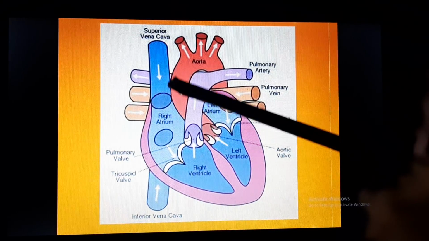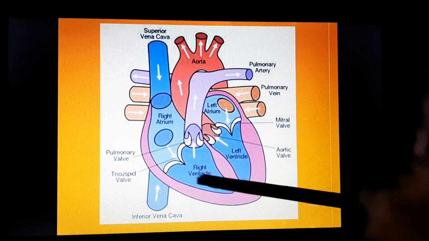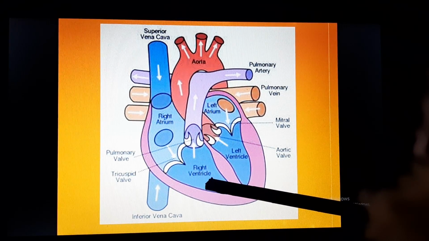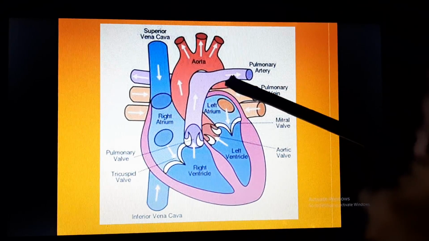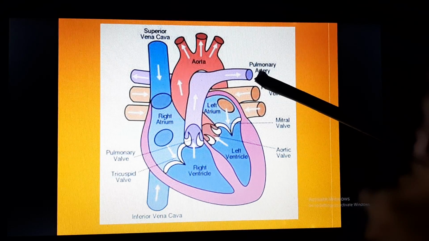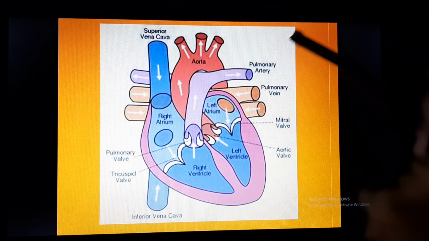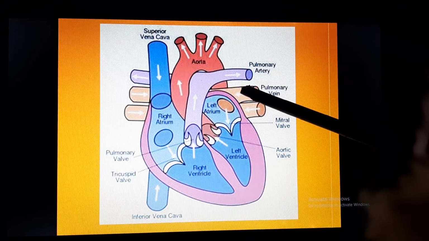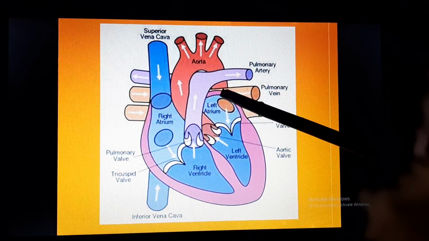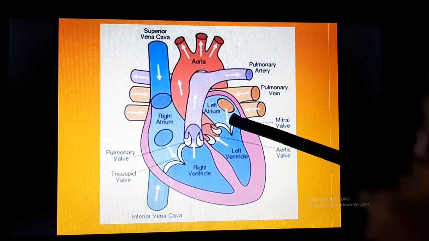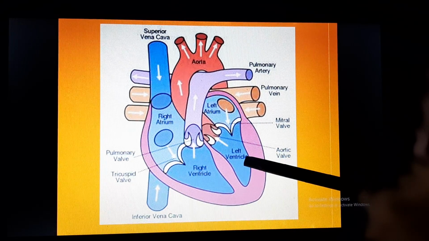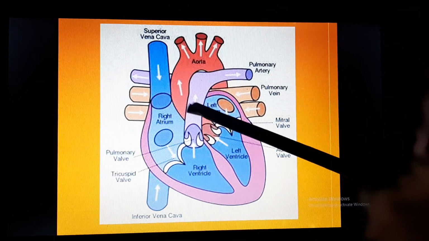So from right ventricle, the deoxygenated blood will go to lungs through pulmonary artery. There the blood will be purified, and from lungs it will come back through pulmonary vein and come to left atrium, from where it will go to left ventricle, and from left ventricle it will be pumped to the aorta.